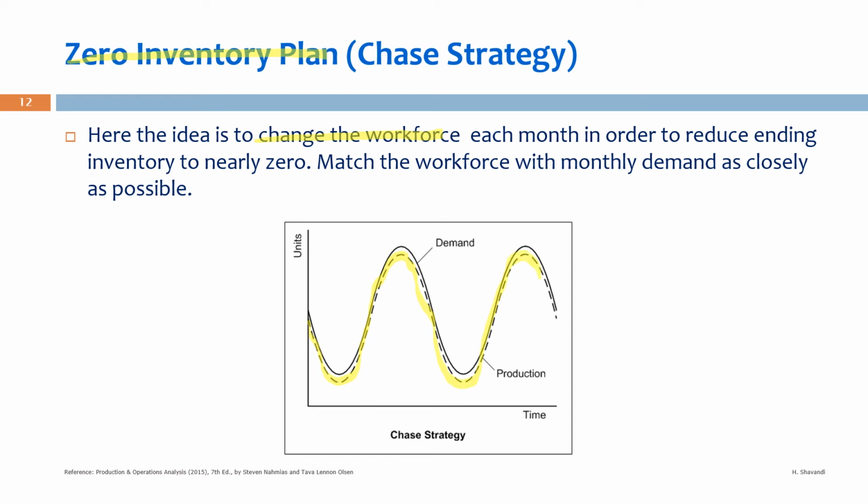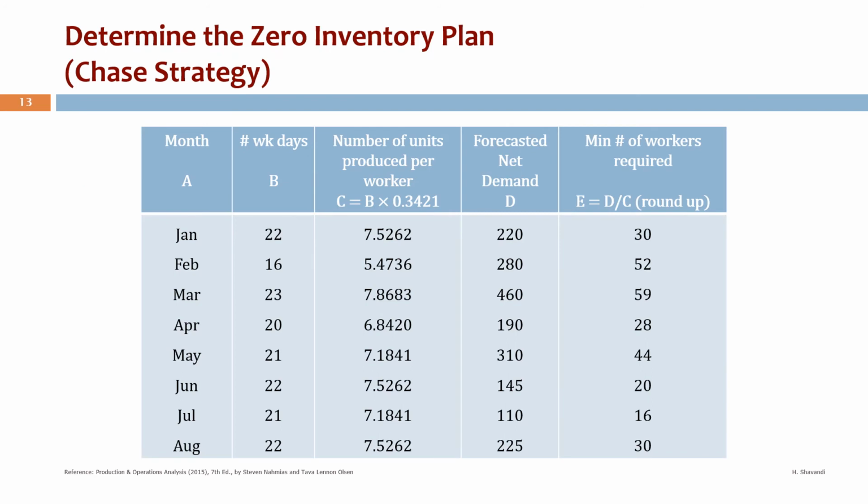In the chase strategy, we will produce exactly the amount that we need in that month to satisfy the demand. So here we do have the number of working days per month, and as you remember, each worker per day produces 0.3421 units.